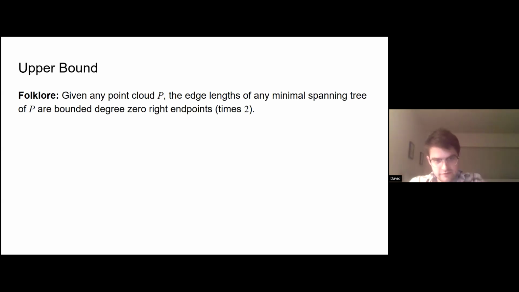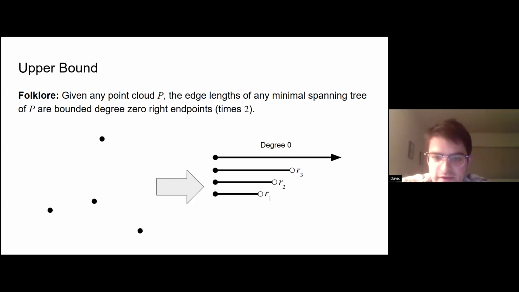Here I'm going to use a folklore result, which is that given any point cloud P, the edge lengths of any minimal spanning tree of P are the bounded degree 0 right endpoints times 2. Like in a picture, if this is my point cloud and this is the barcode I get in degree zero, maybe it has these three bounded degree zero right endpoints, R1, R2, and R3.